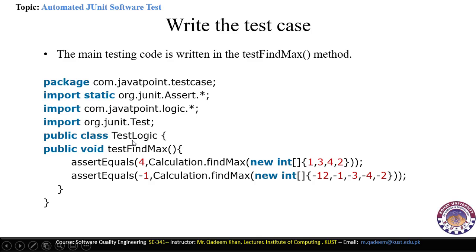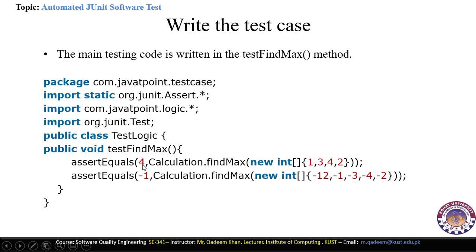Then we have public class TestLogic. TestLogic is our class which contains the test cases. Next we have public void testFindMax. testFindMax is a function which we must create, and in the function body we need to write assertEquals functions, which are used to define the test cases.